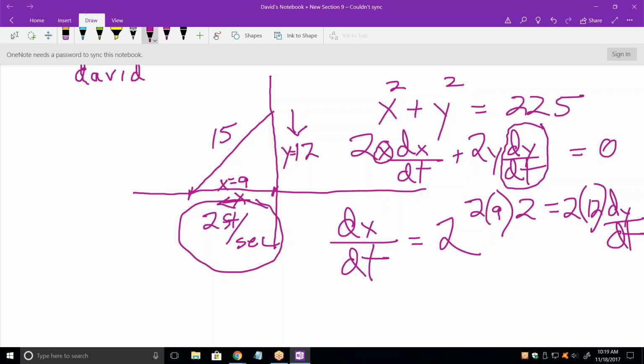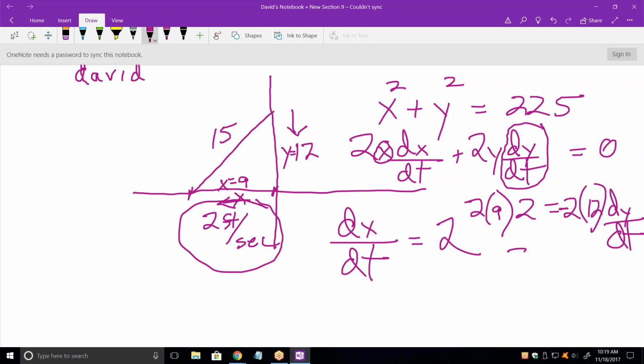Would that be a negative? Negative 2 times 12? Yeah, since I'm taking it to the other side, I'm going to make it negative. Probably would have made more sense to take the 2x to the other side, but it doesn't really matter. And so what do I have here?